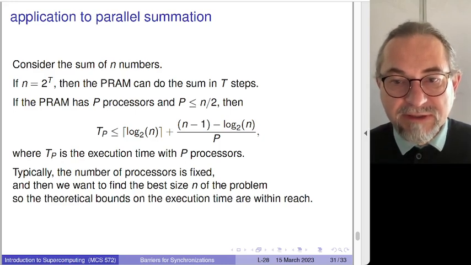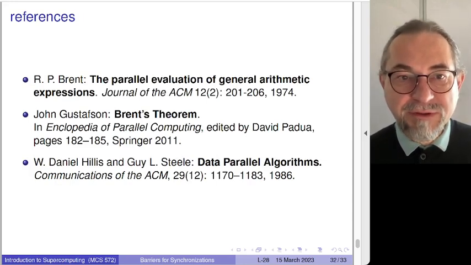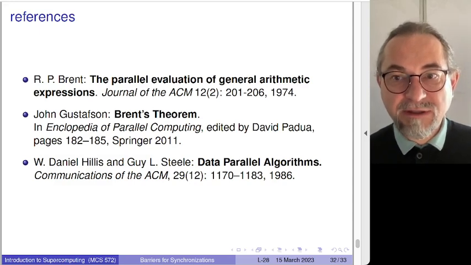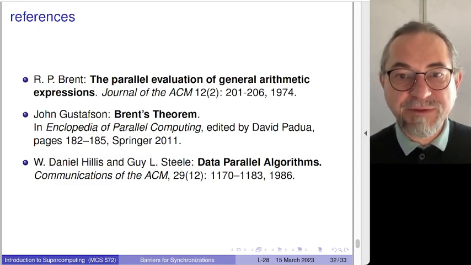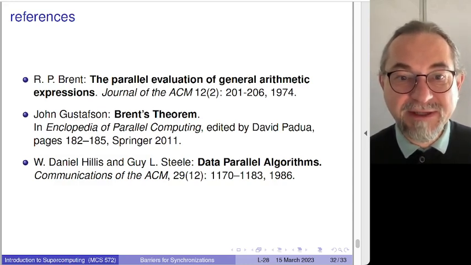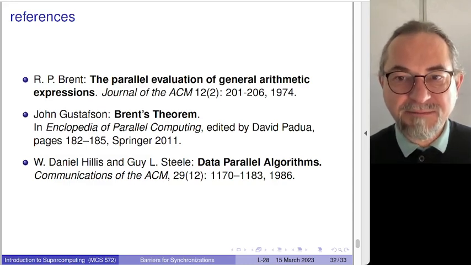Okay, so this ends this lecture, or actually I will state some references. So the theorem of Brent is a classical theorem dating from the 70s. I came across it when I was looking into the Encyclopedia of Parallel Computing, looking for the entry of barriers, which is under B. And then I found the article of John Gustafson.